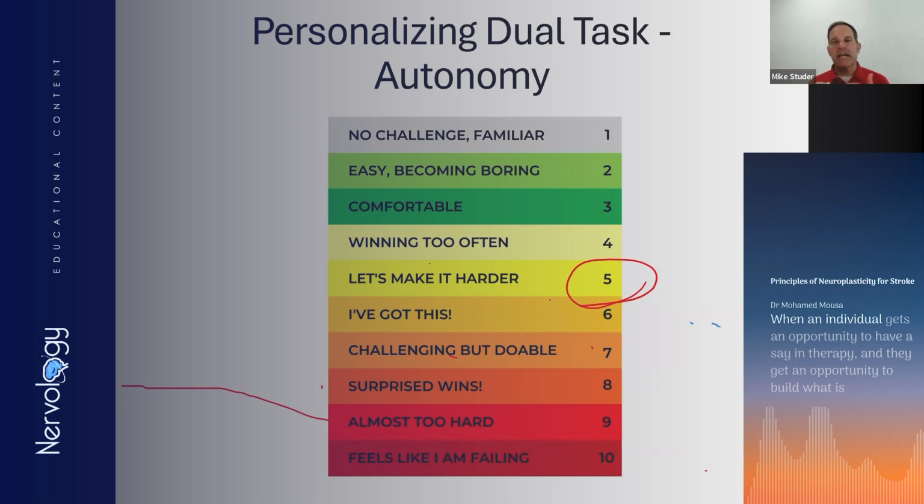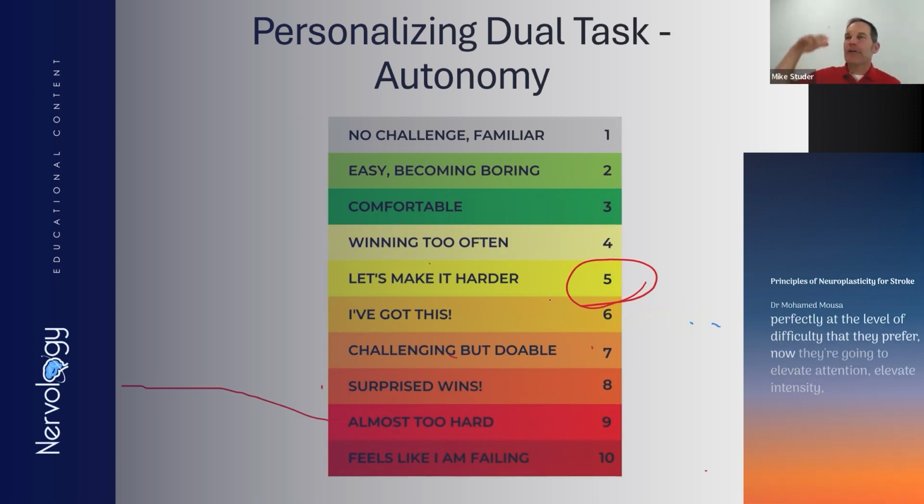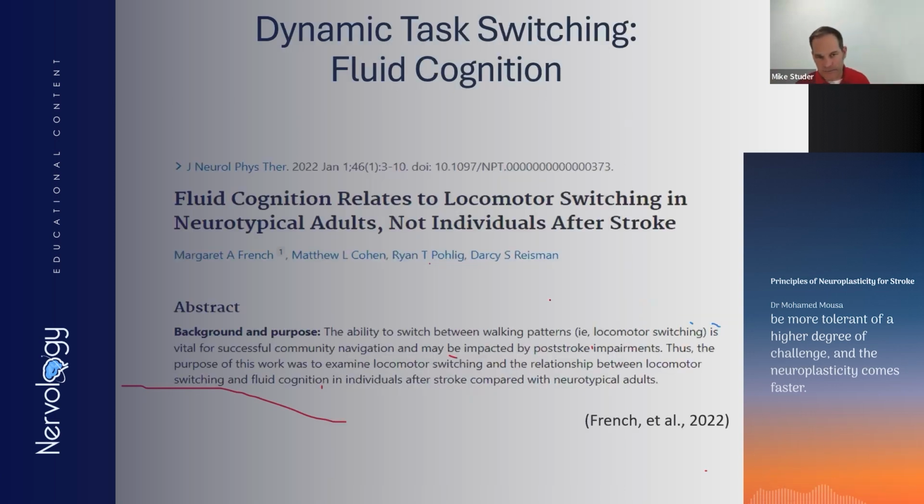When an individual gets an opportunity to have a say in therapy, and they get an opportunity to build what is perfectly at the level of difficulty that they prefer, now they're going to elevate attention, elevate intensity, be more tolerant of a higher degree of challenge, and the neuroplasticity comes faster.